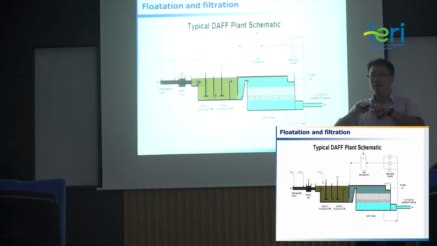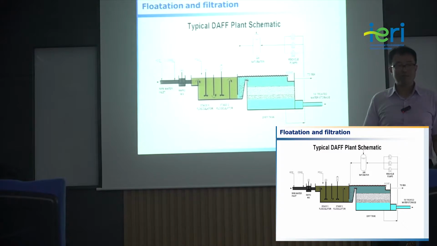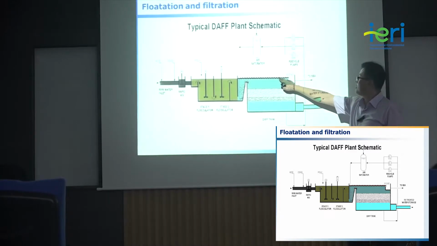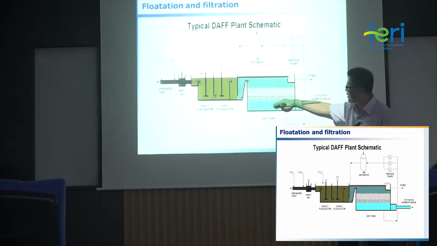That means the volume is increased, but density is not that increased because of the bubbles. So the flocs with bubbles are floating. So the dirty part of water is moved to here, and the cleaner part is moved to here.